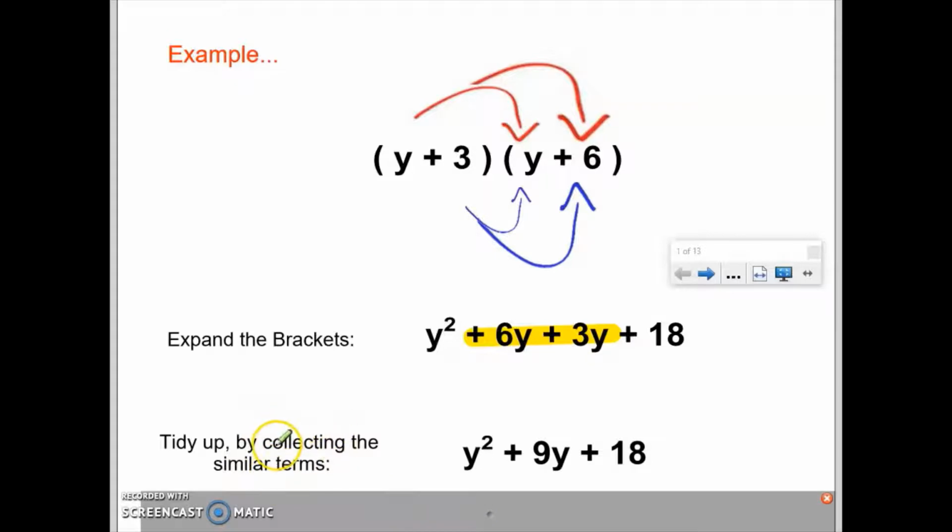So I've tidied up by collecting the similar terms. Remember that a y squared is not a similar term to a y, so we treat those separately. So this would be my completed expansion. You can see with a double bracket, you end up with a quadratic equation. Quadratic because it has a squared term involved.